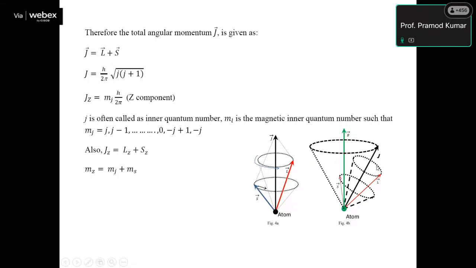And when we apply a magnetic field, the total angular momentum vector J precesses around the magnetic field with the Larmor frequency.